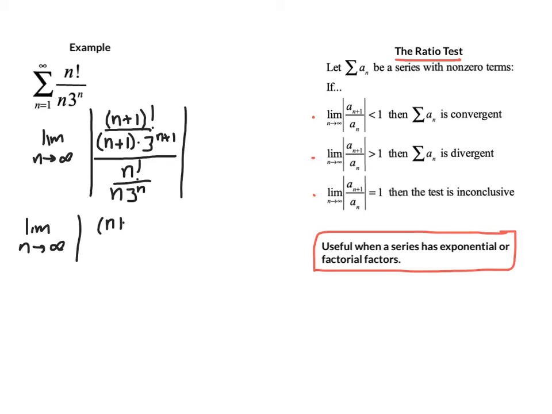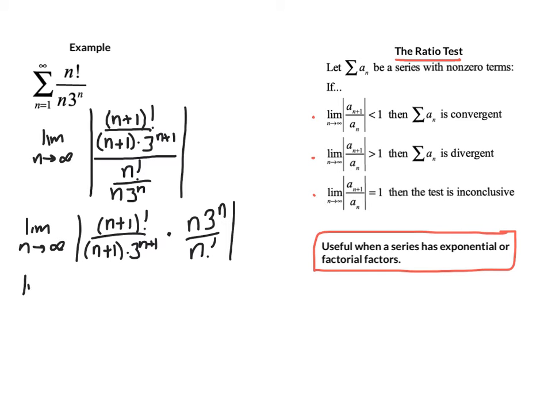So it's n plus 1 factorial divided by n plus 1 times 3 to the n plus 1, multiplied by the reciprocal of a sub n, n times 3 to the n divided by n factorial. And so with practice, you can just go ahead and start canceling things. The reason why the ratio test works with exponential and factorial factors is that lots of stuff will cancel and you'll get to your limit pretty quickly.